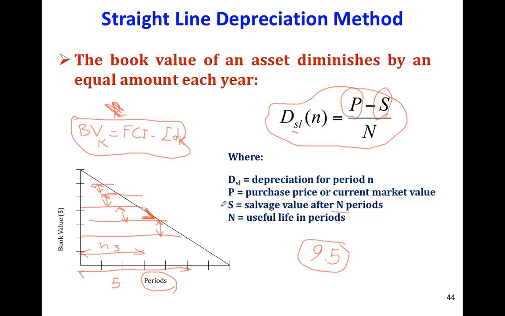S is the value of the equipment at the end of its life, and n is the useful life of equipment. By using this, we can find the depreciation per year: the price that we pay, minus what we recover at the end of the life of the equipment, that most of the time is 0, divided by its useful life, that most of the time for chemical processing equipment is 9.5 years.